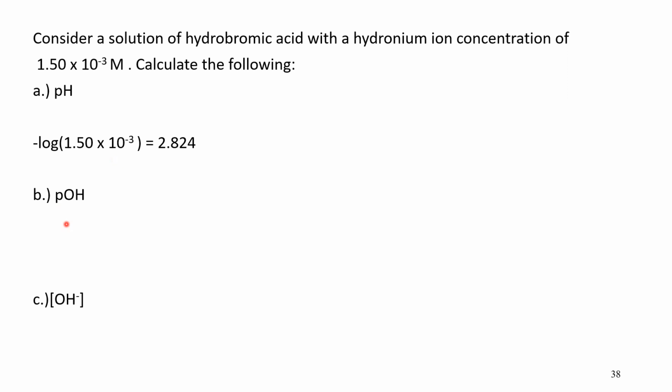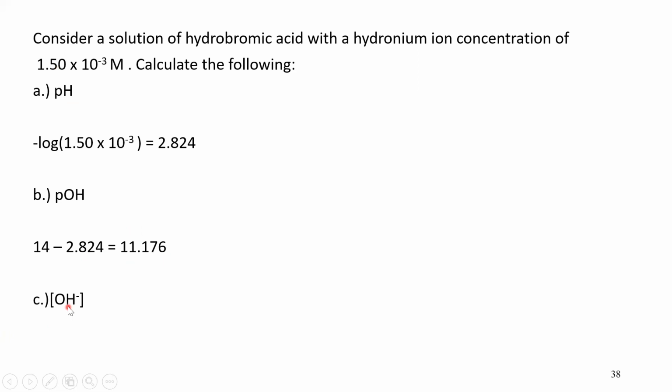So if we know the pH, we can figure out the pOH. When we subtract, the number of decimal places determines how many decimal places we want in our answer. So our pOH would be 11.176. Okay, hold on to those significant digits because they come from the original measurement.